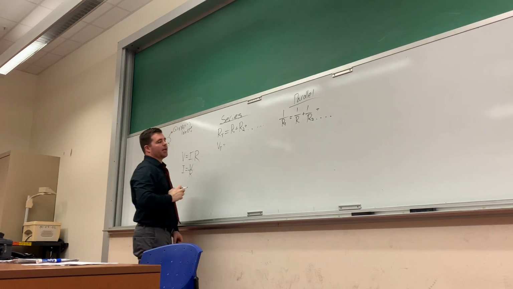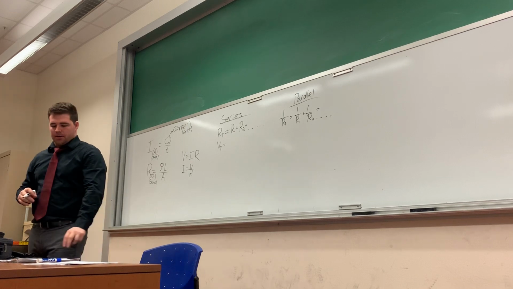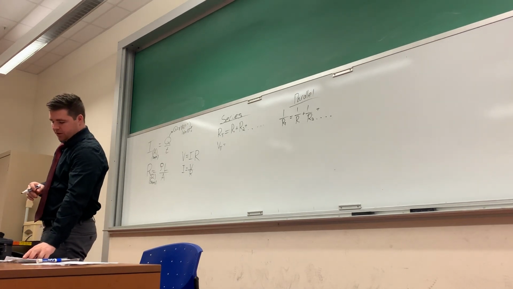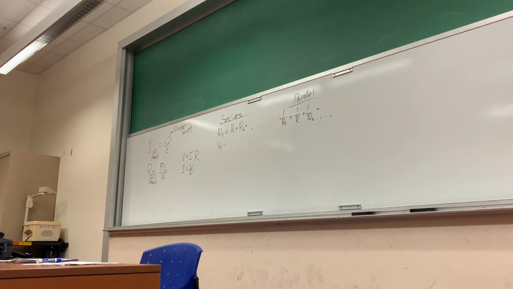In a series circuit, the voltage is shared. The total voltage is shared between each resistor. And remember that voltage is a voltage drop. It's a change in voltage. It's the beginning voltage and the end voltage.